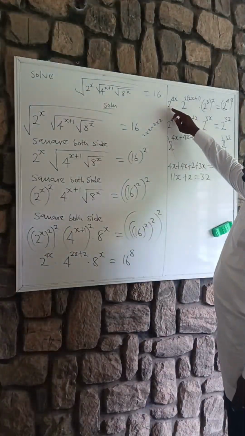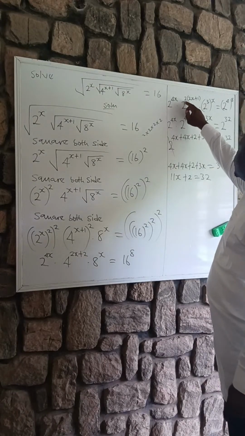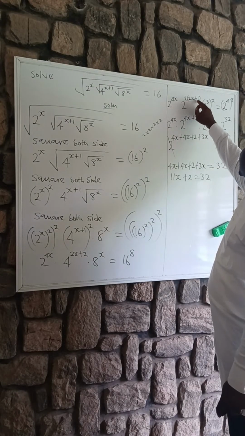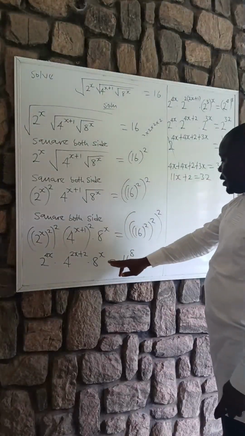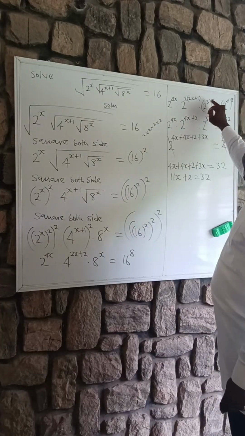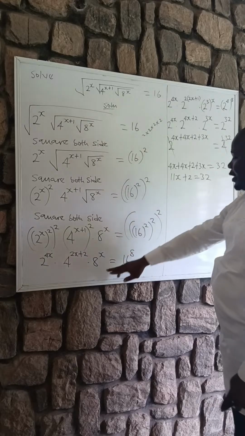So look at it here, 2 raised to the power 2, all in bracket, 2x plus this is the same thing as this. Then 8 raised to the power x is 2 raised to the power 3, in bracket, raised to the power x, the same thing as this.